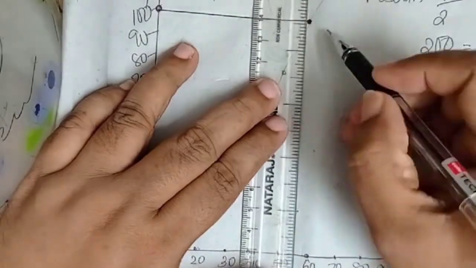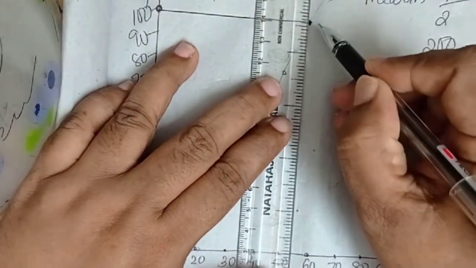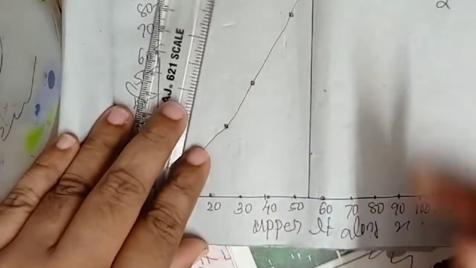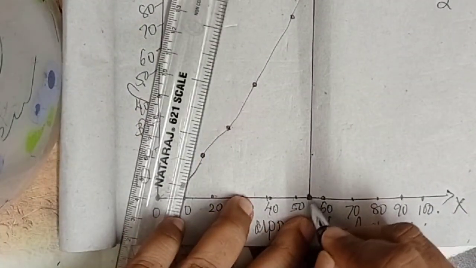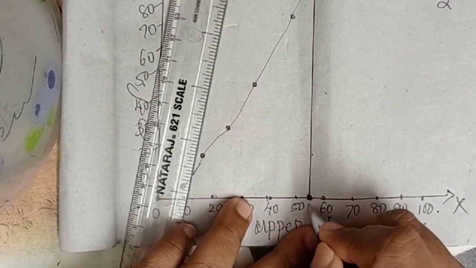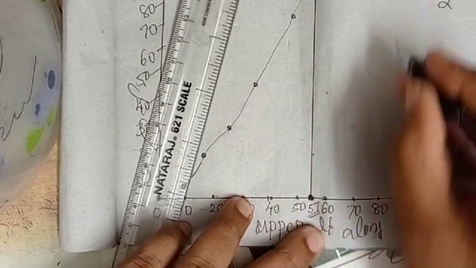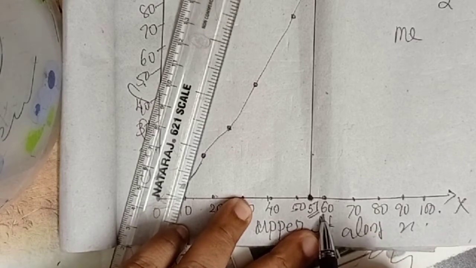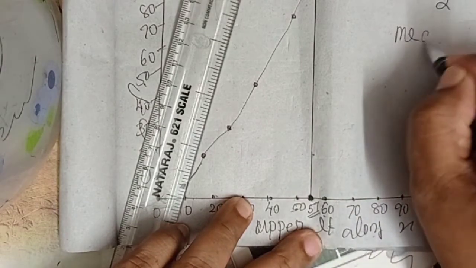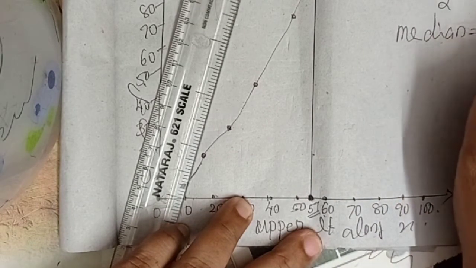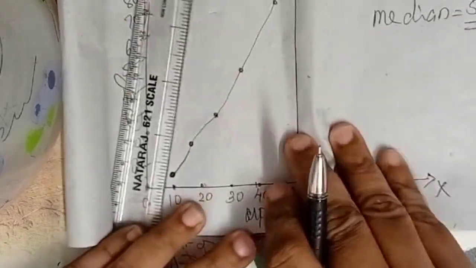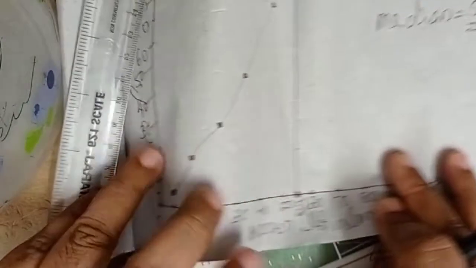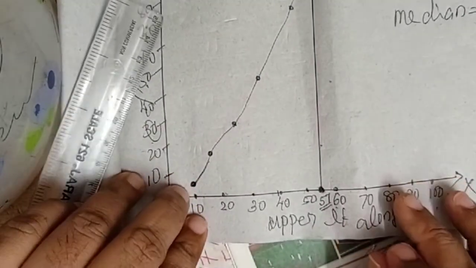That vertical line will touch your x-axis at a particular point. This is 57. Count the point. In between 50 and 60, you will get the answer. Therefore, median is equal to 57. Okay. Write the answer: median equal to 57.